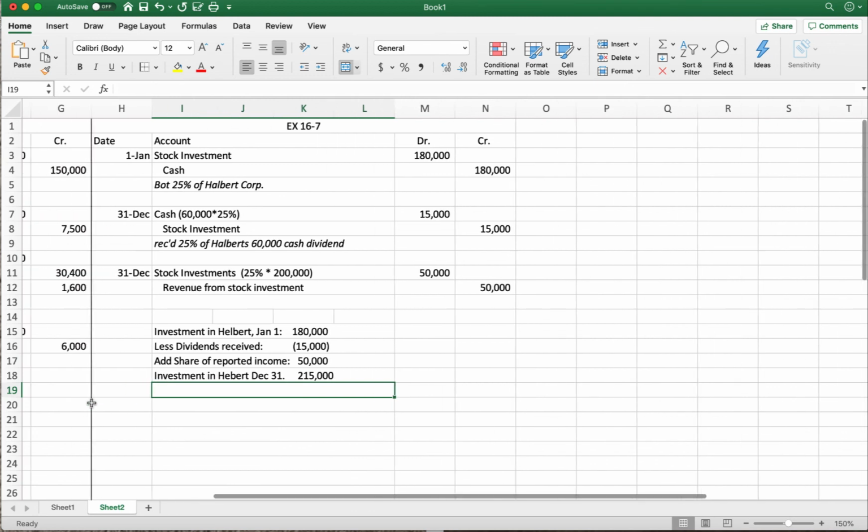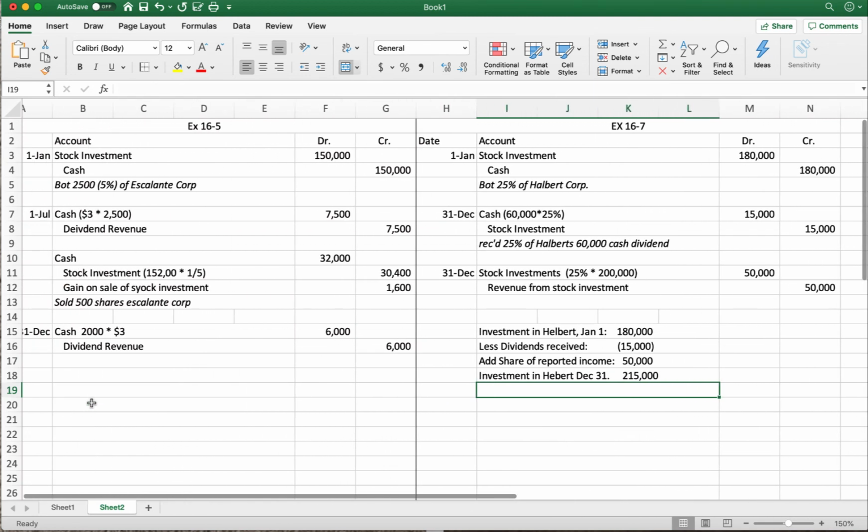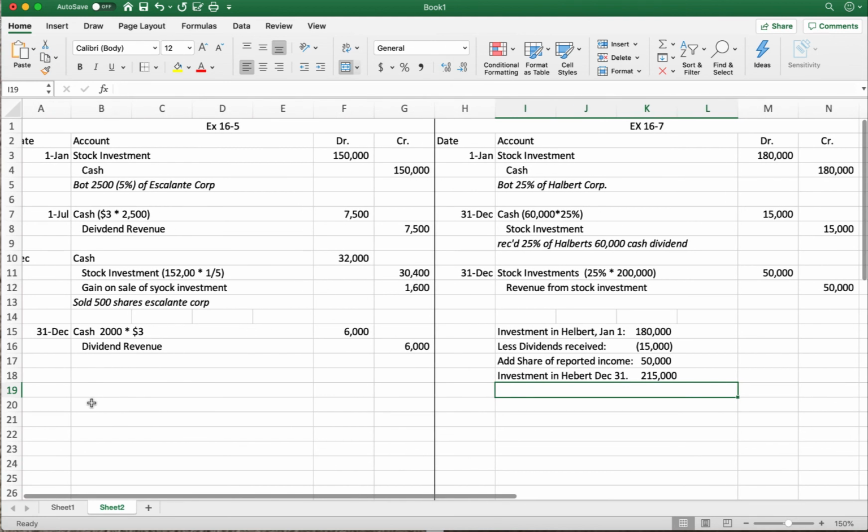Real quick, what is the difference between these two? First, exercise 16-5 is the cost method. We bought stock, debit stock investment, credit cash. Under 16-7, which uses the equity method, we did the same journal entry: debit investment, credit cash. Okay, the company pays a dividend.